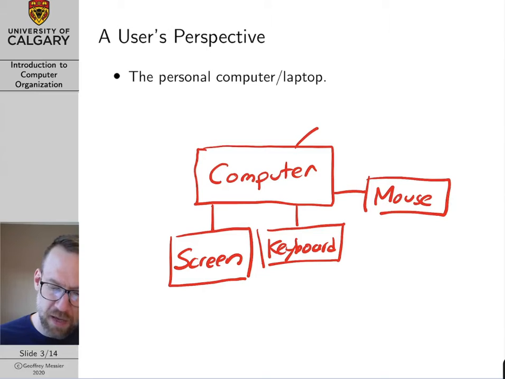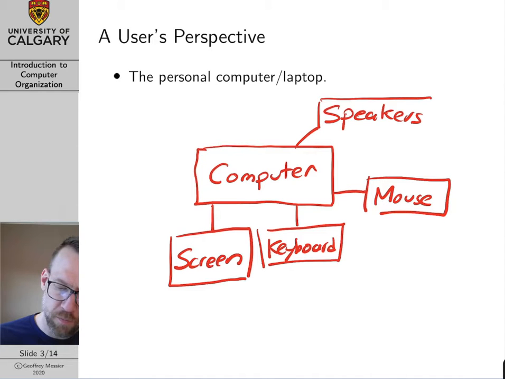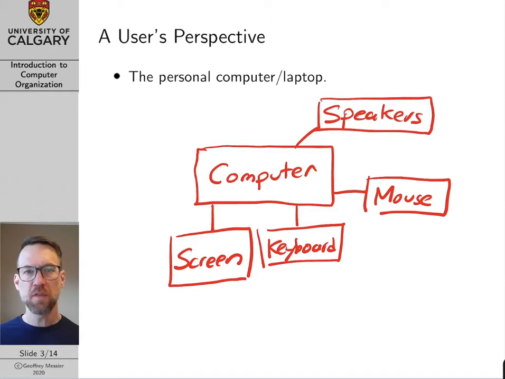And we might probably have a set of speakers also connected to the computer. And again, for the desktop personal computer, these are discrete components. For the laptop, these are all integrated into one package. But we understand that all these things are connected to something we refer to as a computer, and I'll even put that in quotes.